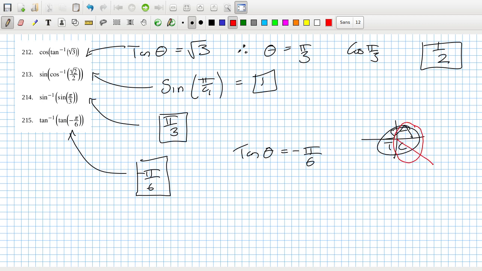So we must be in the last quadrant. Let me think, sorry.